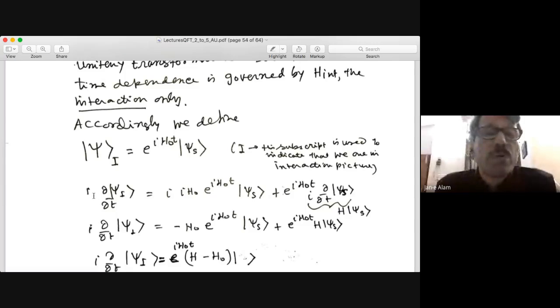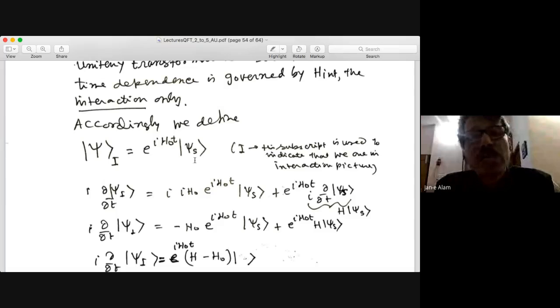If you have this h bar, then you will call it H. So I just take the time derivative of this particular psi. I get here e to the i H naught. So this i is multiplied here. Now when I take the derivative, I get another i H naught times e to the i H naught psi S, plus e to the i H naught.